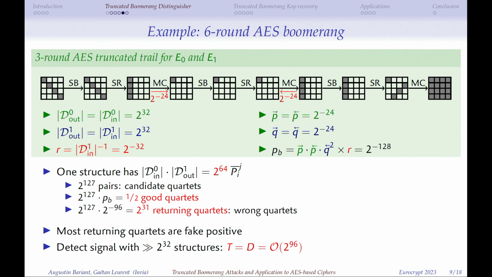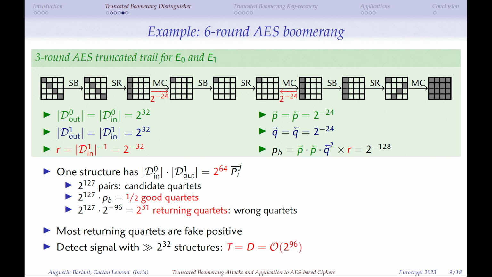So that's a little bit annoying, because for the AES, you expect 2^31 plus 1/2 quartets that are returned, and for a random permutation, you have 2^31. So that's very close. But you can distinguish them if you repeat enough times. If you do a statistical analysis, you see that you have to repeat about 2^32 times, and then you can distinguish. And this means you have a distinguisher with complexity around 2^96, up to small factors, depending on the success rate that you want.